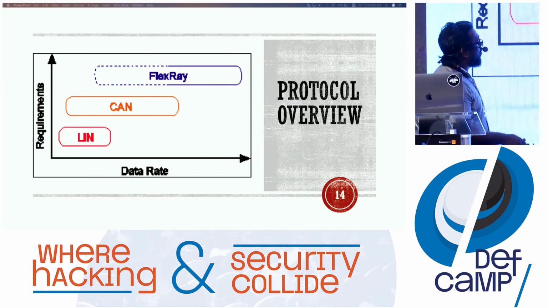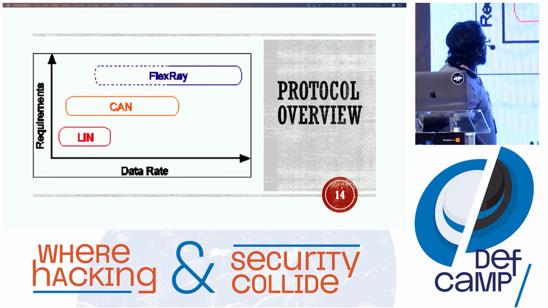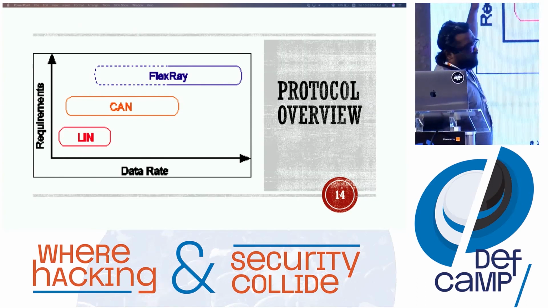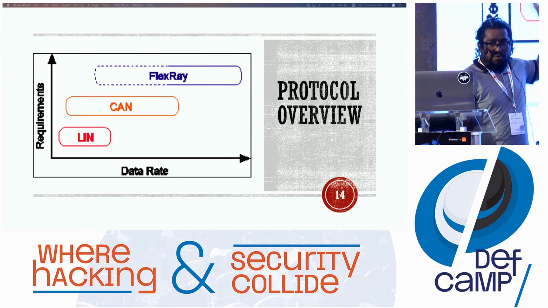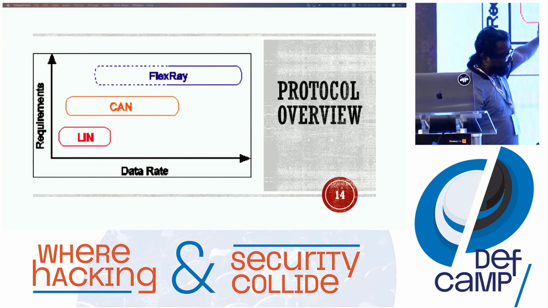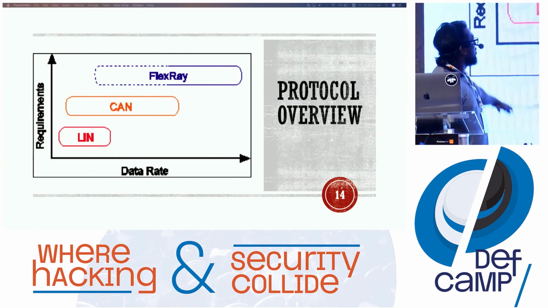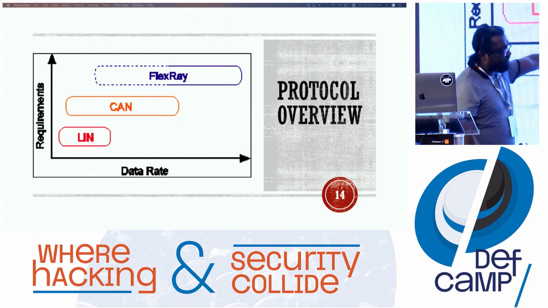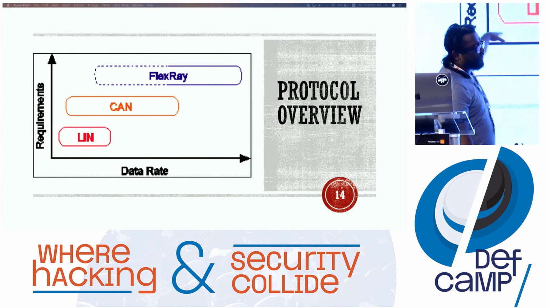Again, the control unit, as I said. So what about the protocols, the different kinds of protocols? I distinguish these protocols as per the requirement and the data rate. LIN is a one-wire protocol where the data rate is very slow and the requirement is very low.